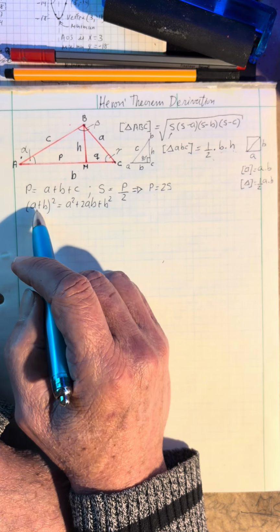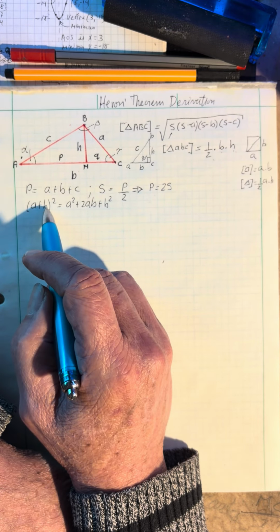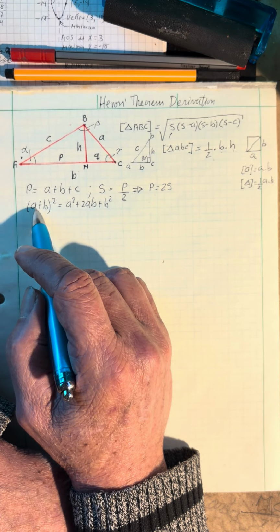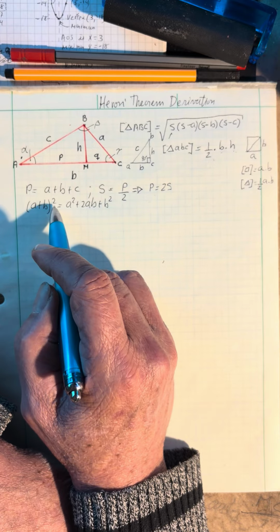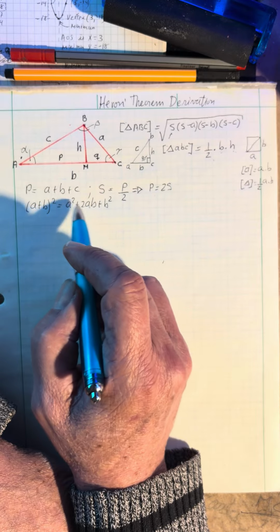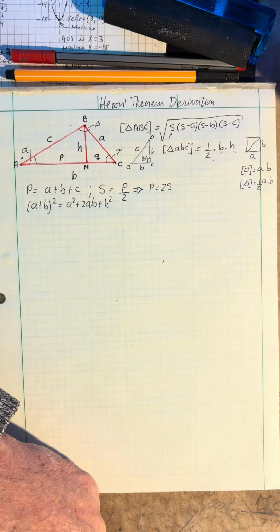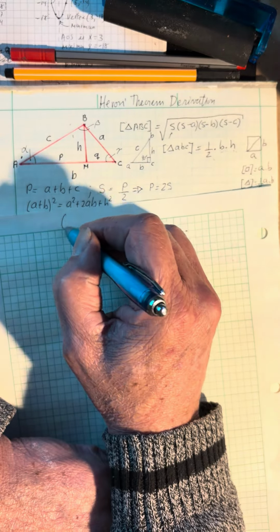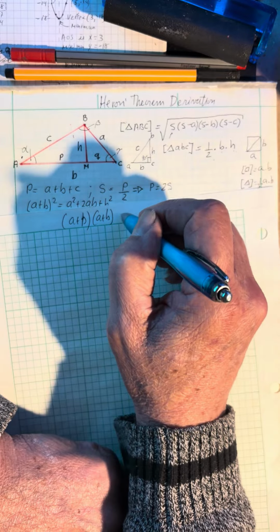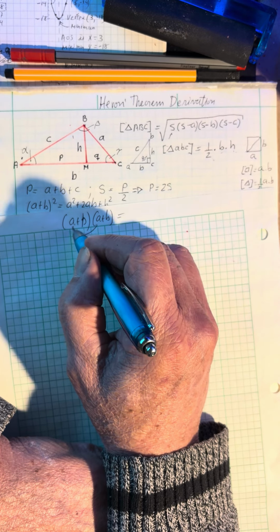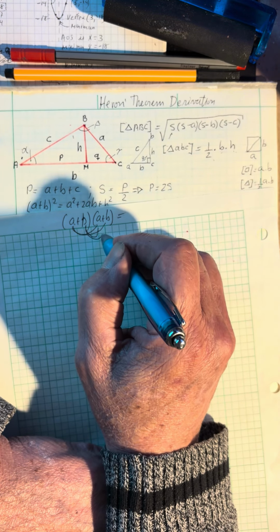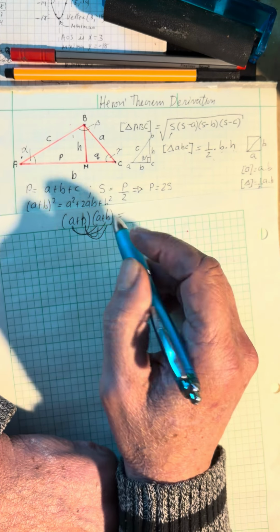This comes when you take A plus B and multiply it by itself, A plus B times A plus B. I'll do it real quickly here. You multiply like this and like this, and then like this and like that. I know it's a mess, but you get the point.